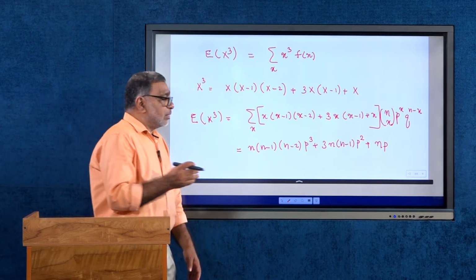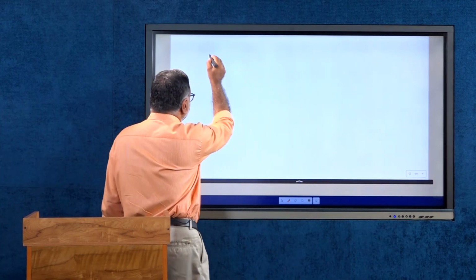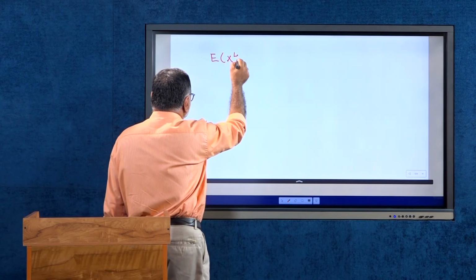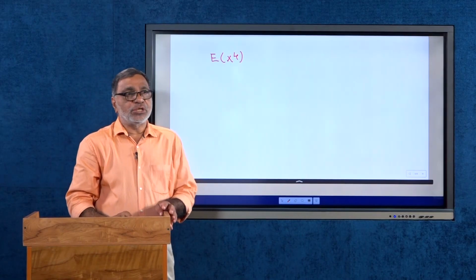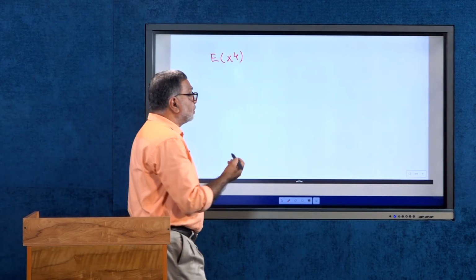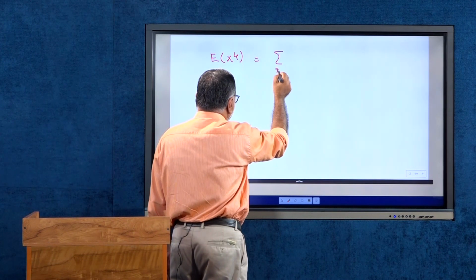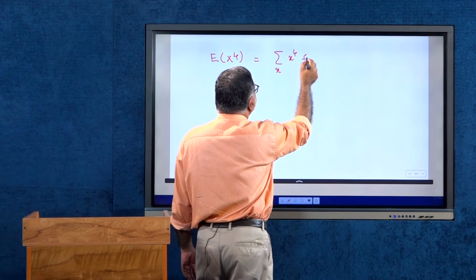Similarly, expectation of x power 4, the fourth arbitrary moment of the binomial distribution, is obtained by the sum over x power 4 fx.